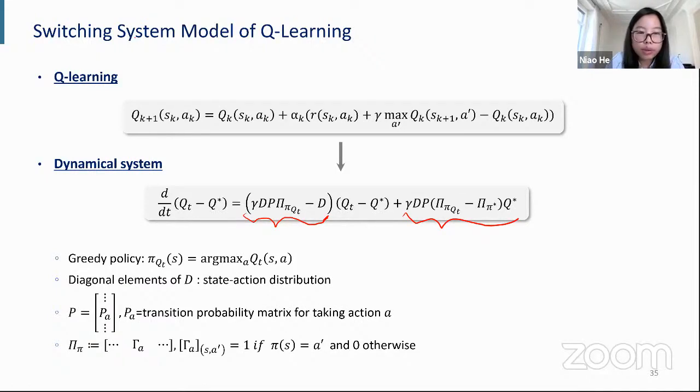Actually, you can also write this as P of pi Q_t. That is essentially to say that I'm going to just use the greedy policy to pick the corresponding action, right? So this is just a matrix notation to make it in a more compact form. Okay, thank you.